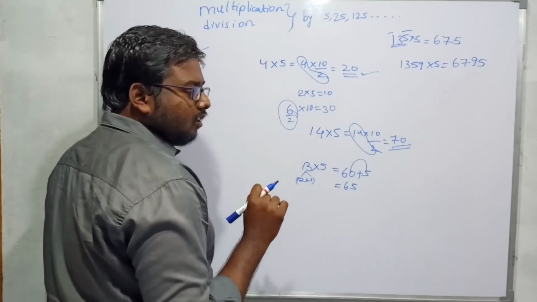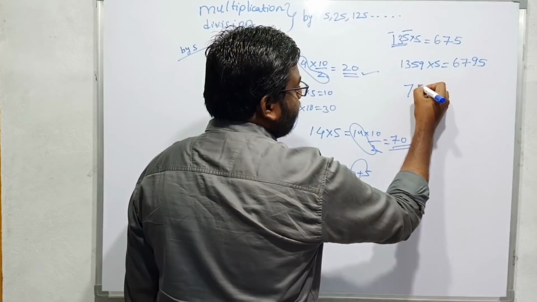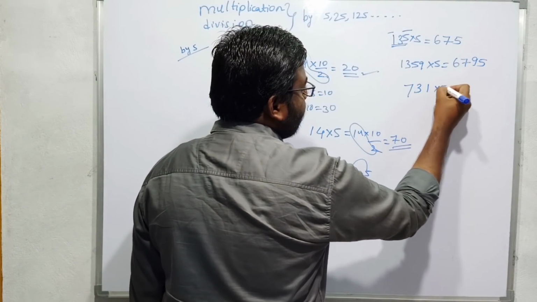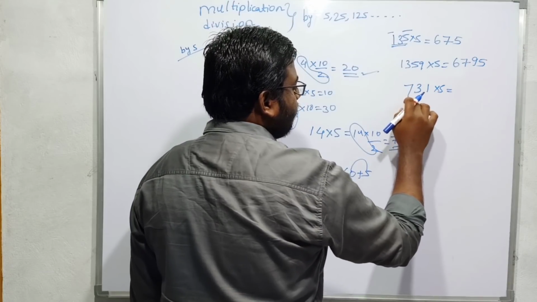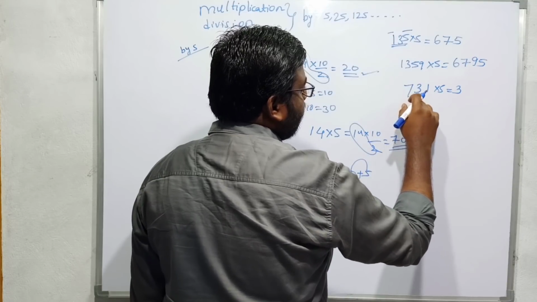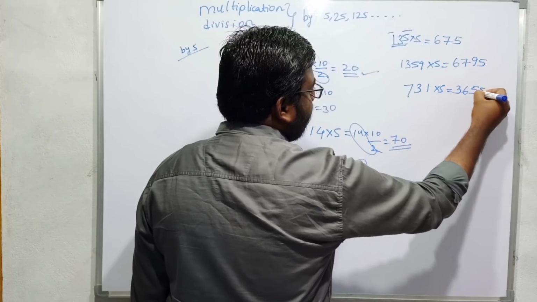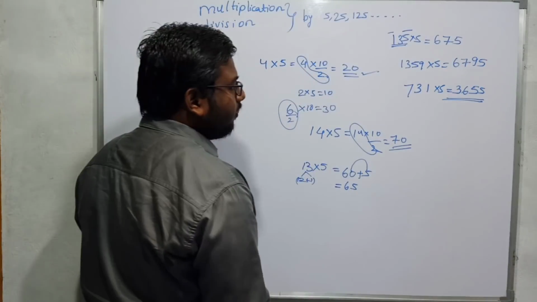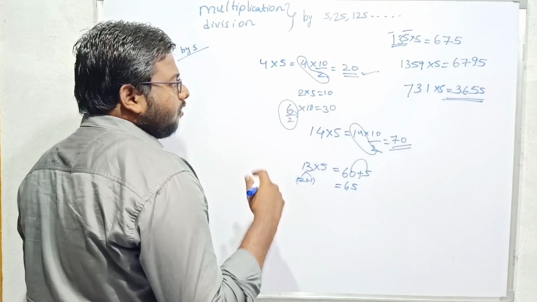So I think you got the clarity on this concept. So let us see some questions. 731 into 5. Half of 73 is 36. Let us do with 2 clearly. 2 3s are 6, 2 6s are 12, 2 5s are 10 and 5. 3655.